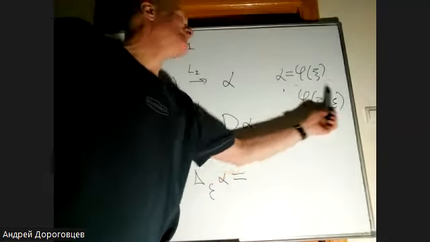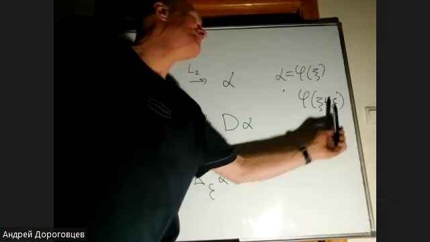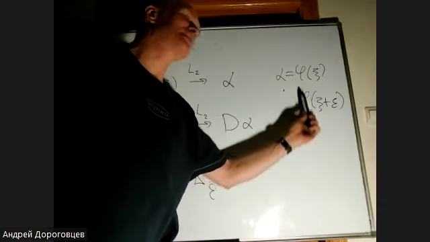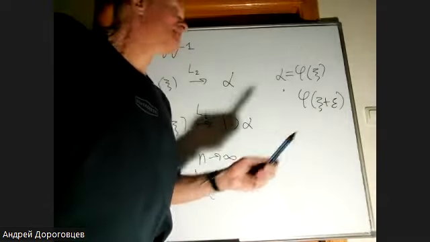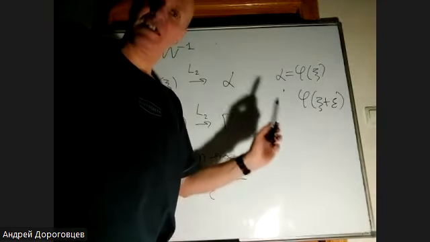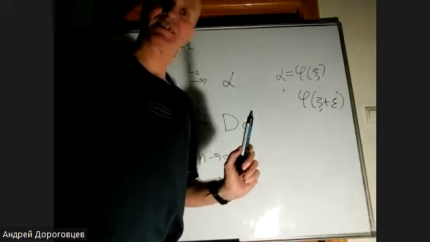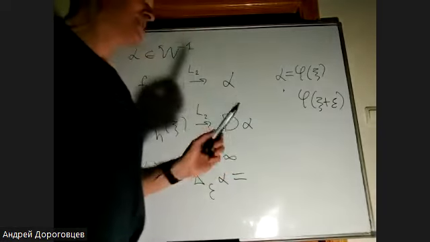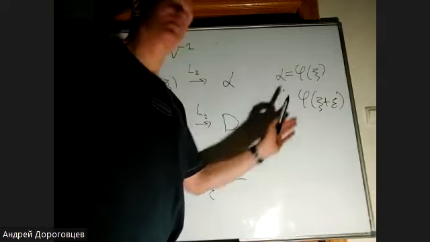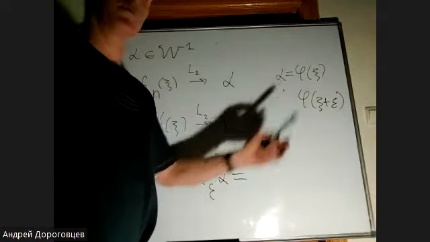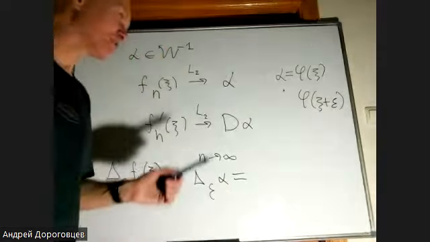So the result of the shift does not depend on the representation of phi. And this is totally not true in the infinite dimensional case for an arbitrary shift. We will see this in the future. But in the one-dimensional case, the shift of a random variable is defined easily and correctly.